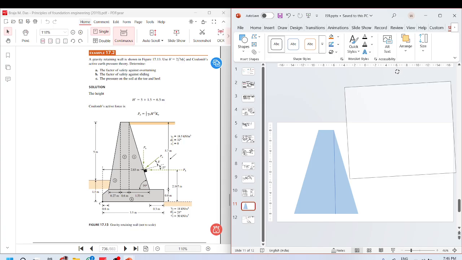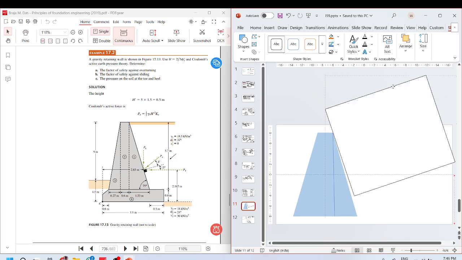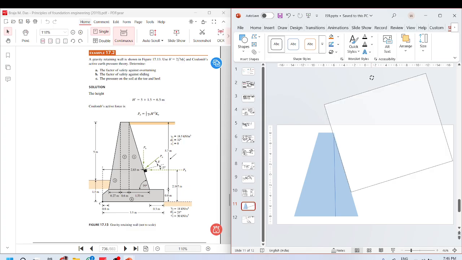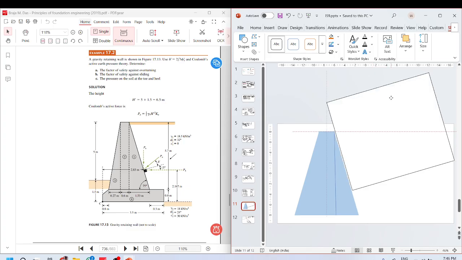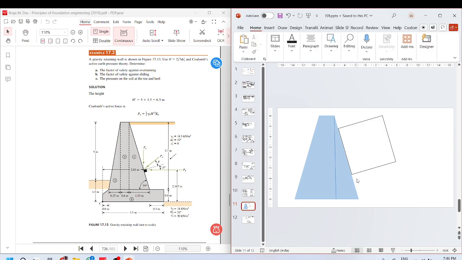So what I will do is I will simply rotate my coordinate system by this. So what I have done is I have rotated my coordinate system such that I have a normal here. Then I have to fix for the angle of friction between the wall and the soil. So then I take delta and then I take the PA.